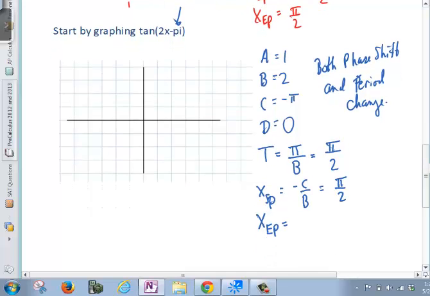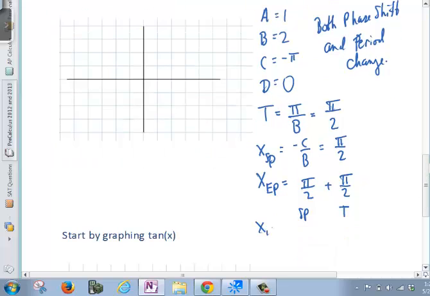The endpoint again is basically where the starting point repeats itself. So this will be equal to pi over 2, the starting point, plus the period, which is pi over 2. And that equals 2 pi over 2, or pi.